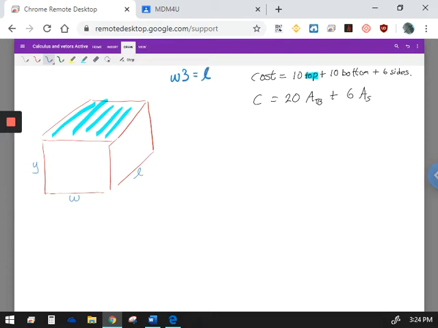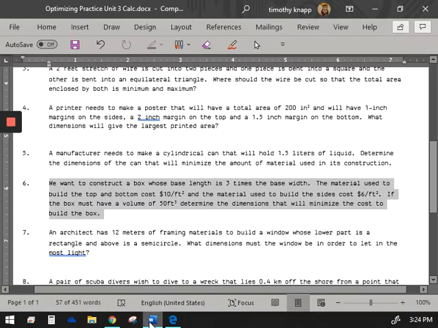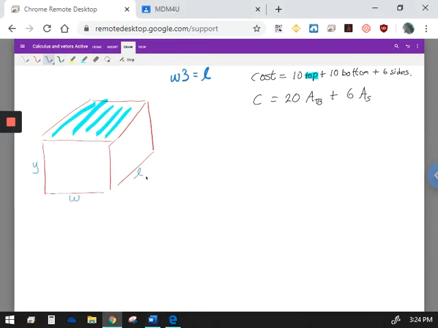Because the length is 3 times the width. Right? So L equals 3W. Look at that. Length is 3 times the width. Yes. Yeah.